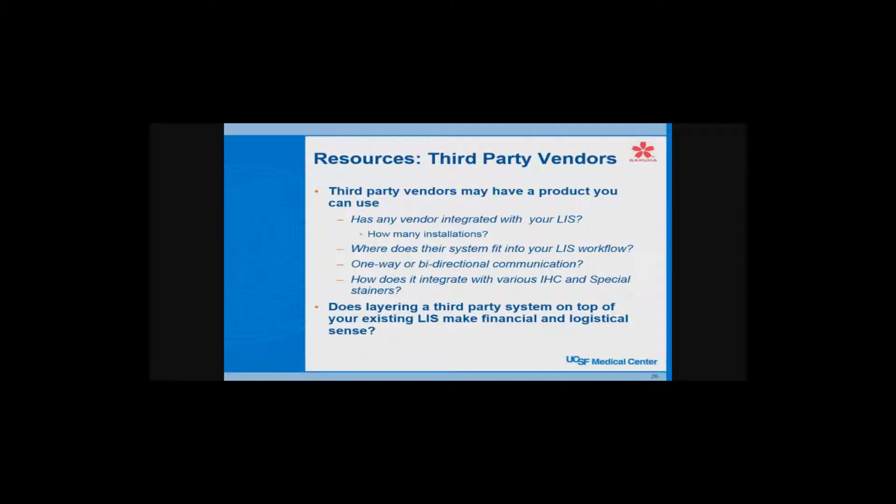Where does their system fit into your LIS workflow? This has to do with, where does the barcoding start? For instance, we found we had to install CoPath ABT anyway, to work with a third-party vendor. And then CoPath also said they would not do bidirectional information sharing. What that meant is that CoPath would pass information to the third party.